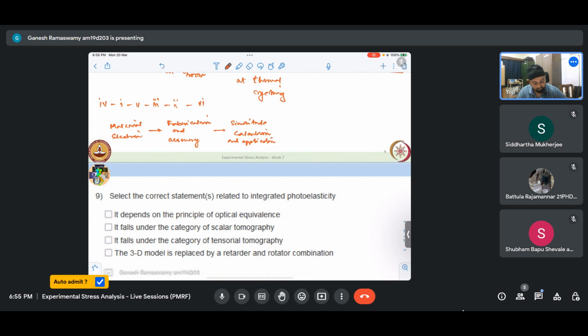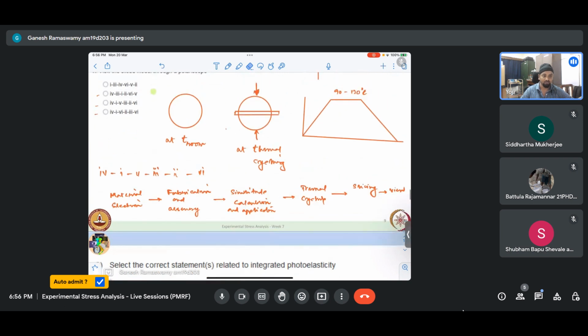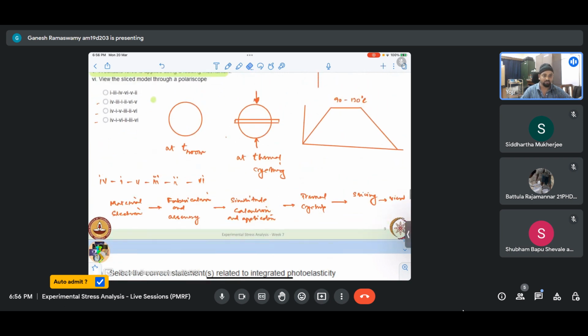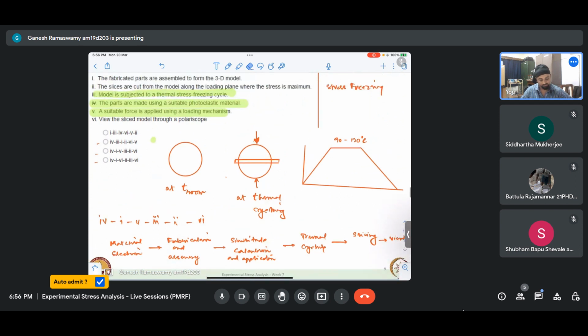Once this is done, thermal cycling. Once this is completed, slicing and viewing. So slicing is followed by viewing it in the polariscope, and we can take images of them as we do in the case of our normal two-dimensional photoelasticity, process them, and towards the end stitch them together in order to complete the study.